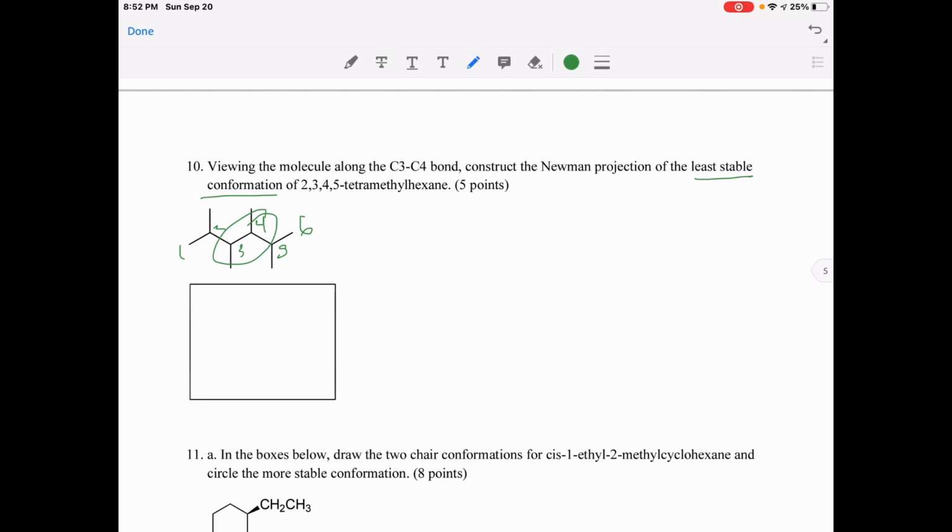So if we tilt this molecule just a little bit in order to make the C3-C4 bond vertical, we can draw it out like this. And we know that really the least stable conformation occurs whenever these two bulky groups are very close to each other.